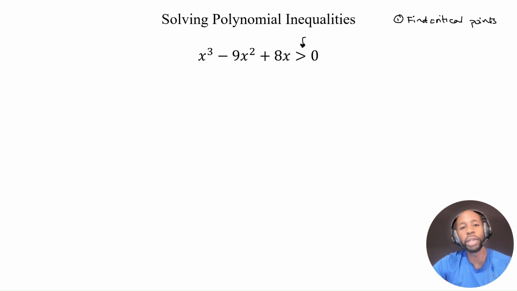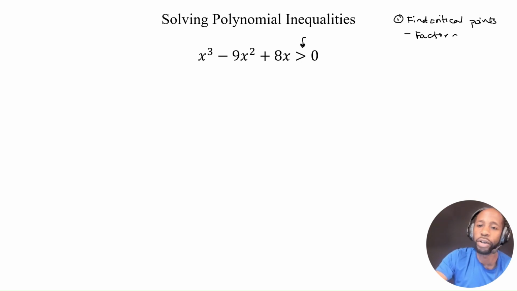So for this, it means we want to find the zeros, the values of x at which the polynomial is equal to 0. So first thing we want to do, if possible, is factor. So we want to factor this, so I'm going to pull it over here to the other side.